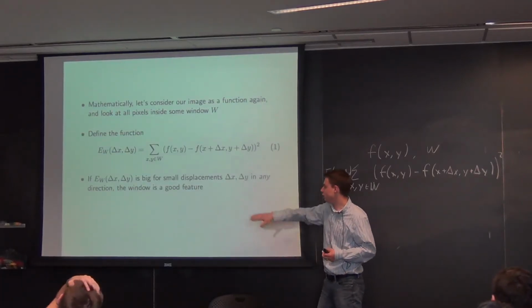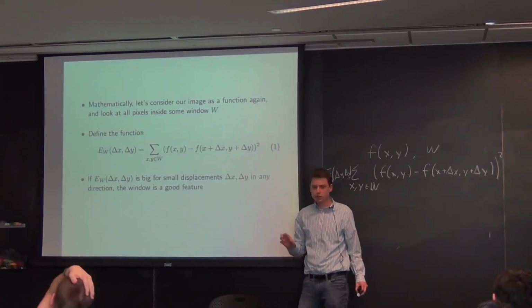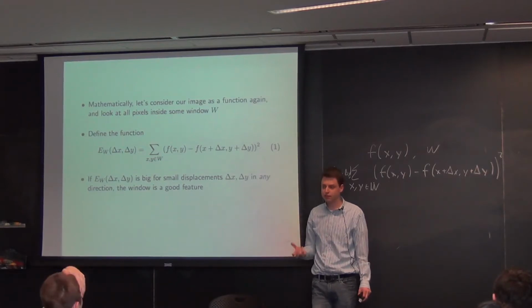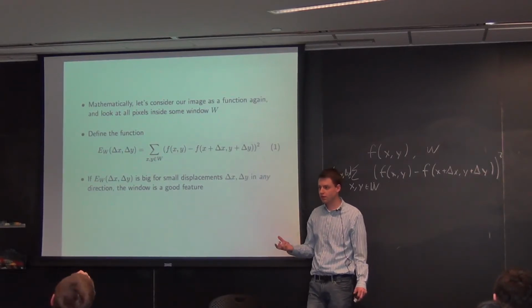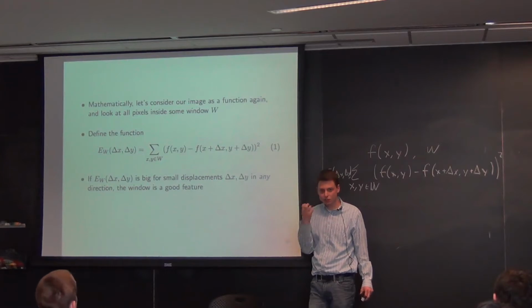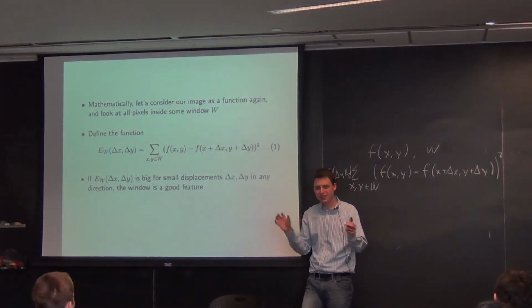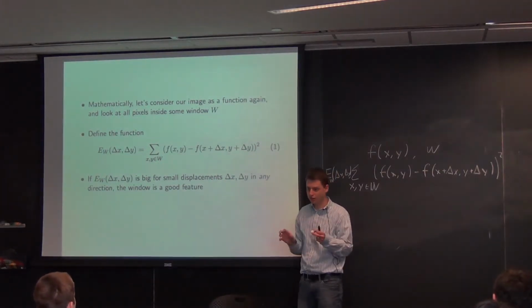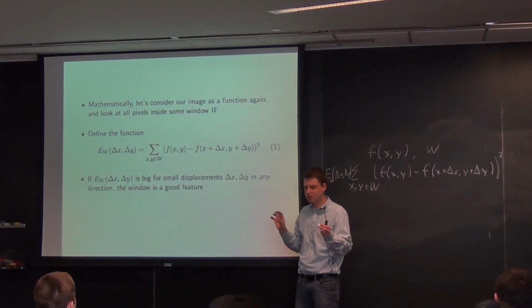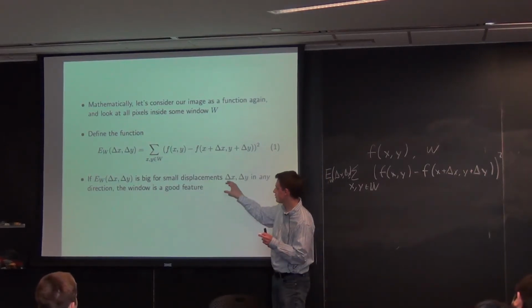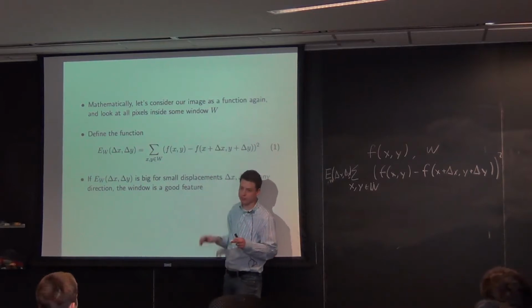If this is big for all these displacements, this window, or the center of the window maybe, is a good feature, right? It's somehow locally indicative of something in the image, because if we change it at all, the image looks different.